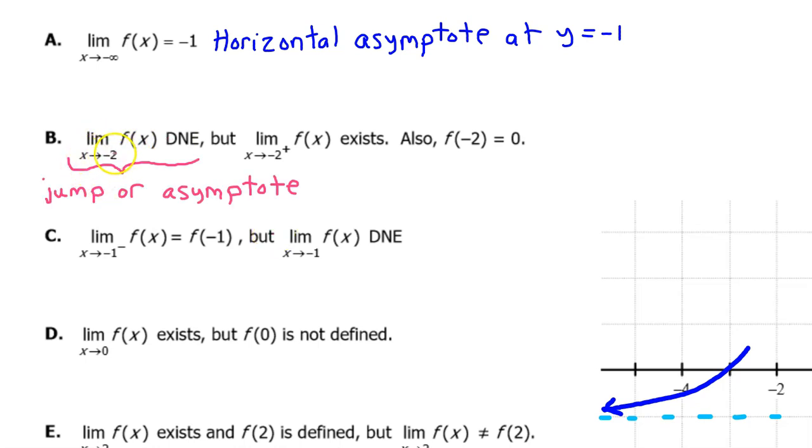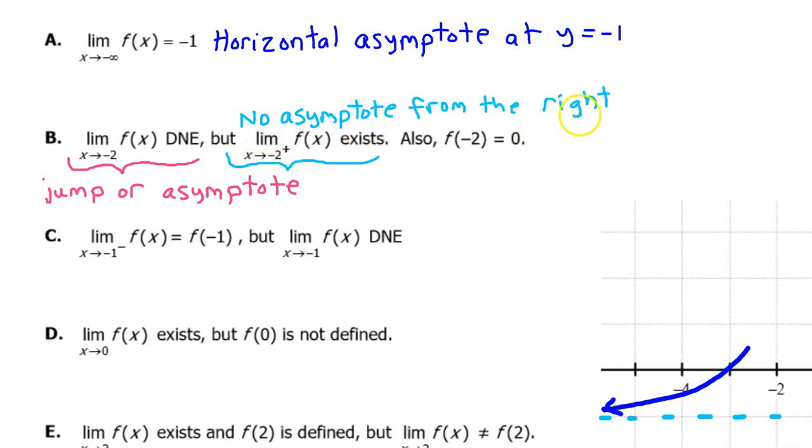If the overall limit does not exist, that means there's either a jump or an asymptote at x equals negative 2. However, the next part says the one-sided limit as x approaches negative 2 from the right does exist. That means there can be no asymptote from the right. So the easiest thing to do is just to let there be a jump at x equals negative 2.